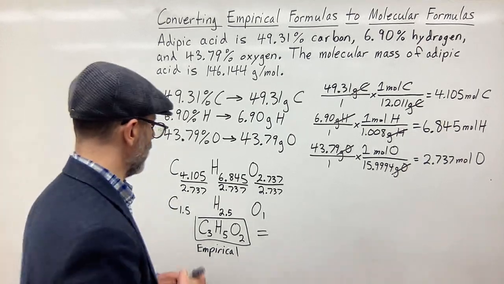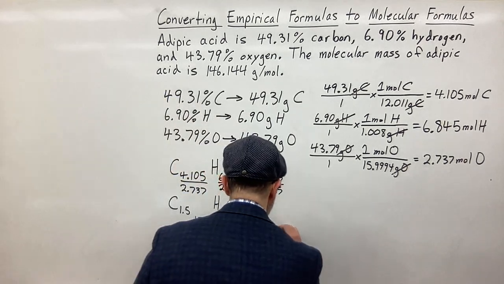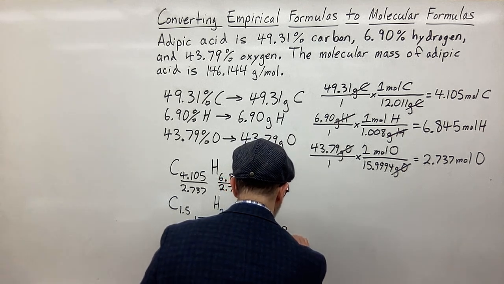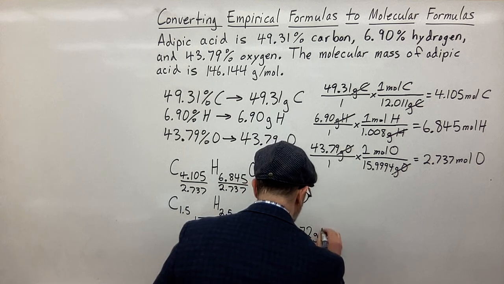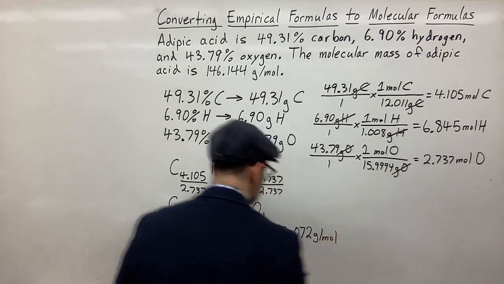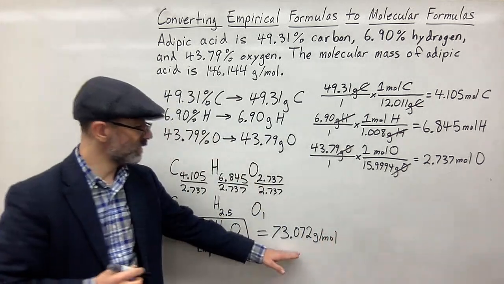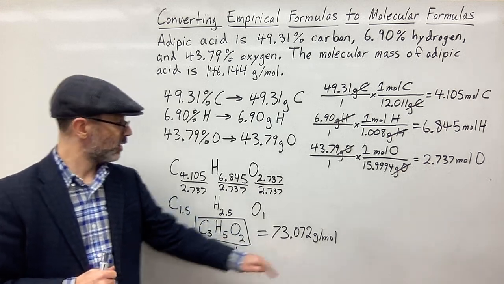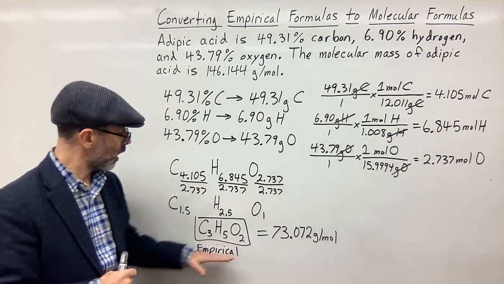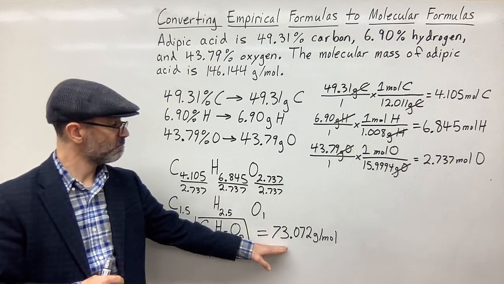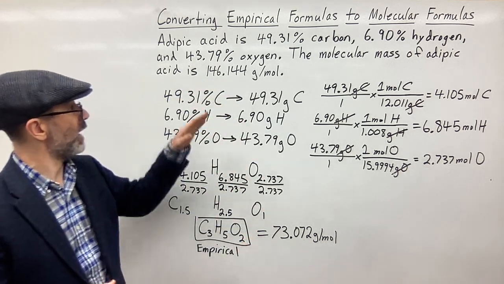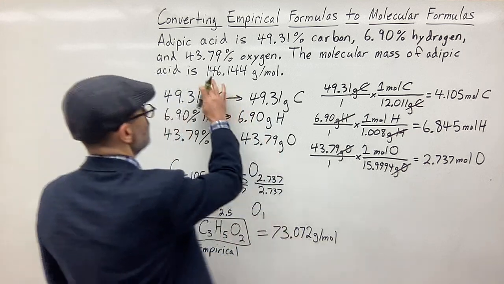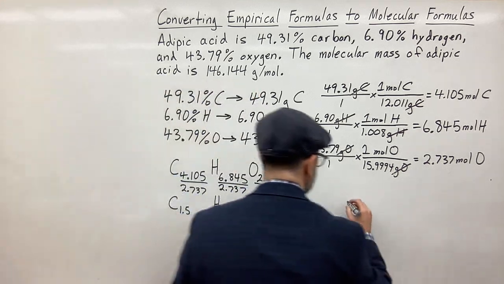And when we do that, we get 73.072 grams per mole. So this is the formula mass or molar mass of the empirical formula. So if we compare this with this, we can find the factor. So this is the molecular mass.